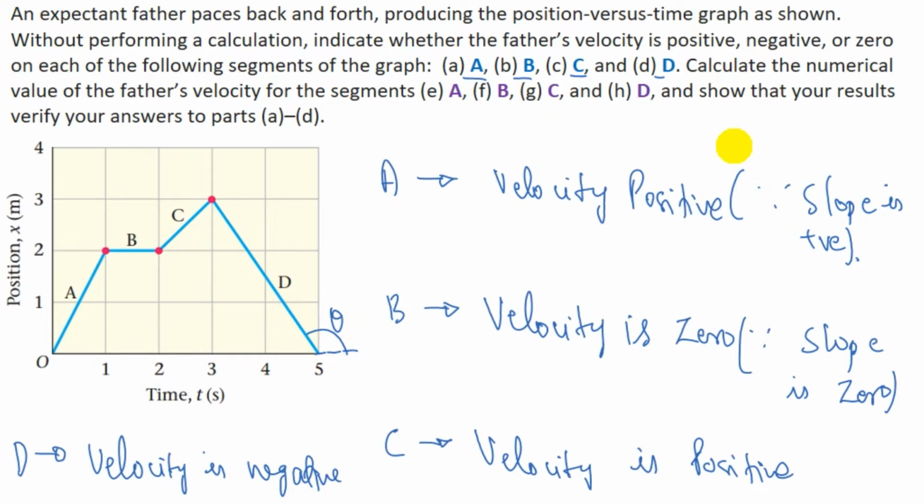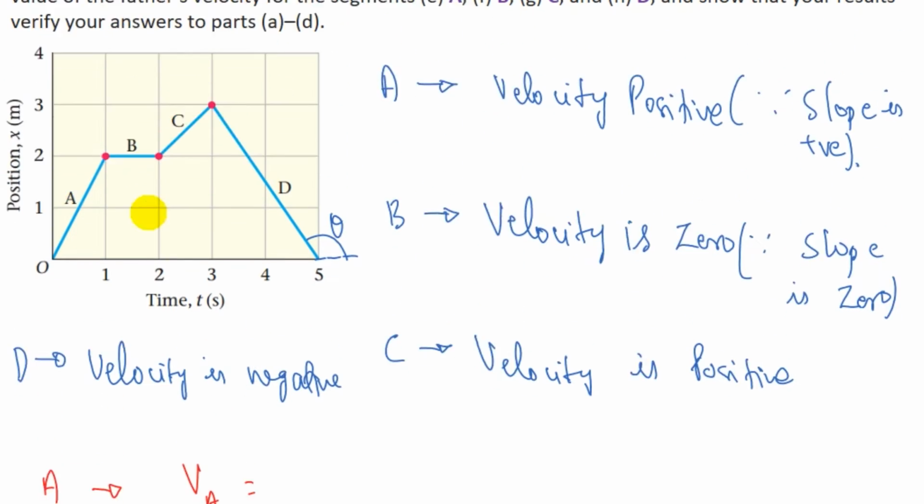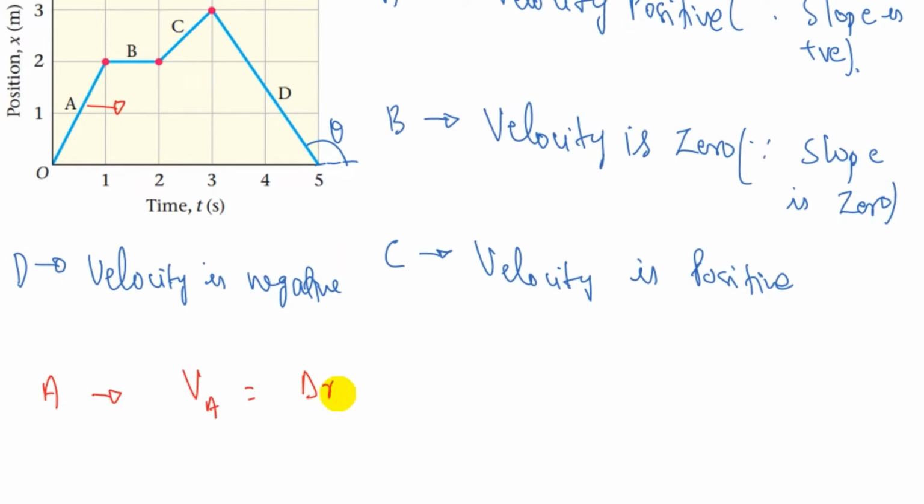Now next we have to find the numerical values of the velocities. So we'll do it one by one. For segment A, the average velocity would be the slope of this line, this one. This is delta x over delta t. This is the way we find slope.